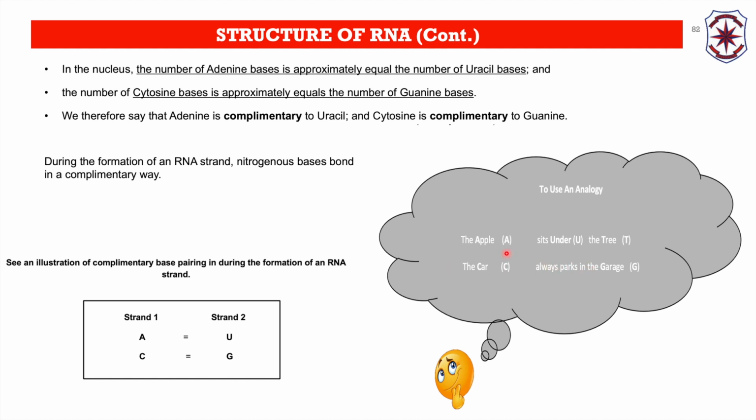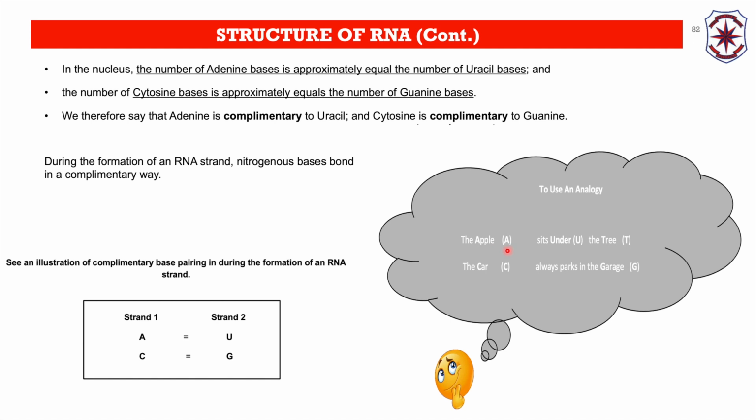However, now check. Adenine in DNA is complementary to thymine. However, in making RNA, adenine is complementary to uracil. So, adenine is like a polygamous man.